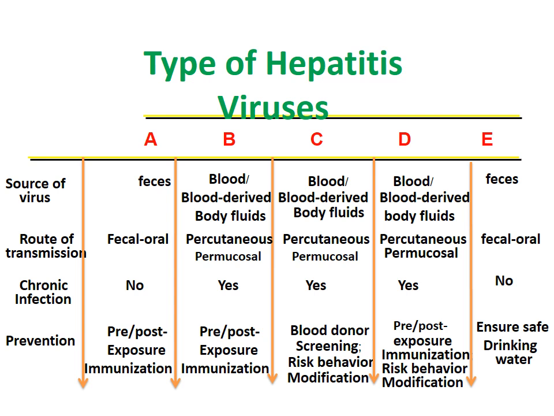The source of the virus in all these 3 is the blood and blood-derived body fluids. In all these B, C and D, the source of virus is the same. Similarly, the route of transmission is also the same. So in all these cases, percutaneous and permucosal transmission is there. And chronic infection is also caused by all these 3 types of hepatitis viruses.